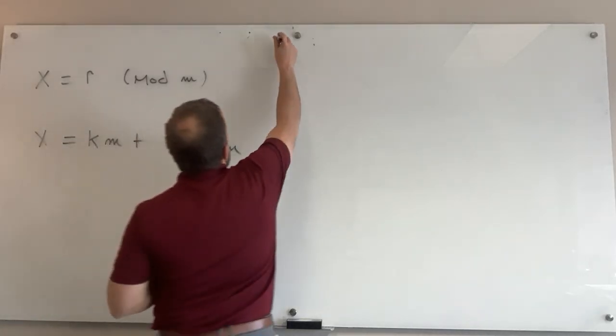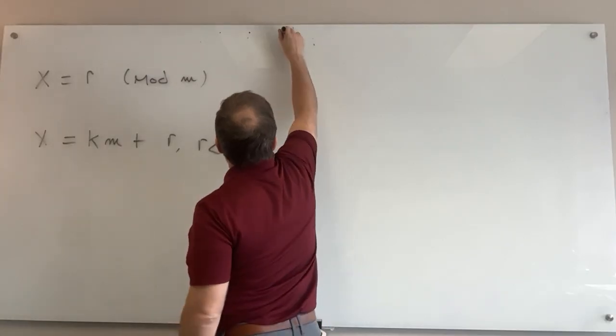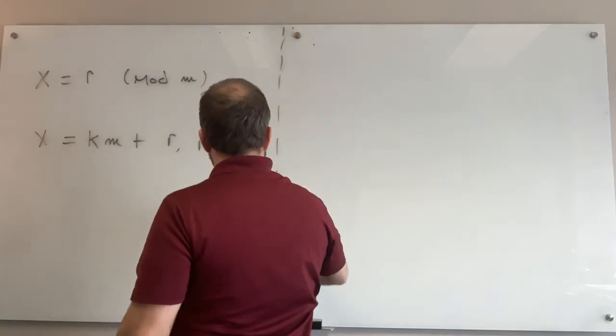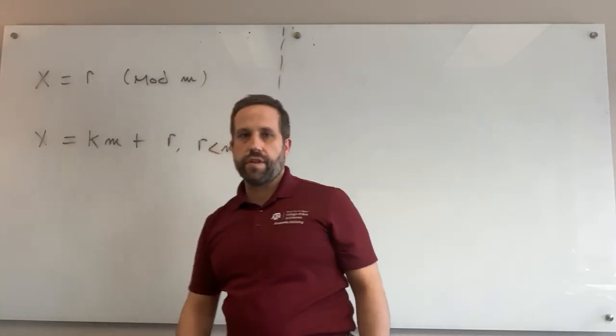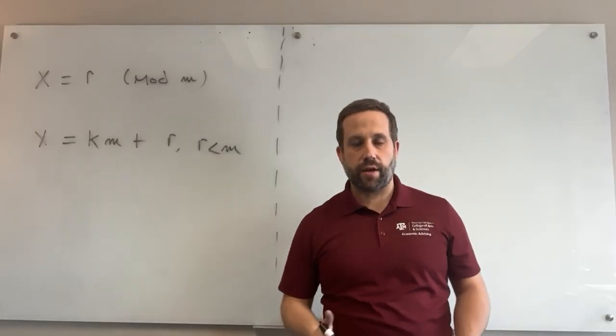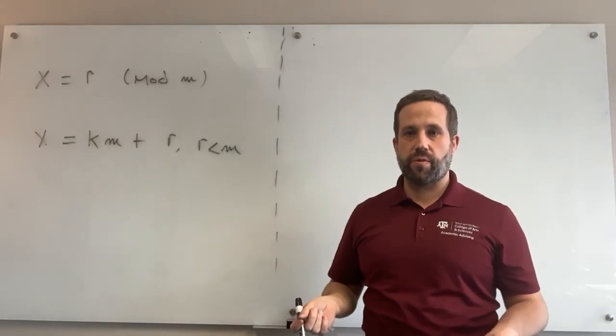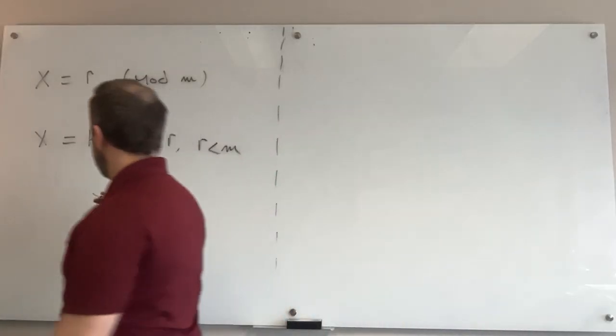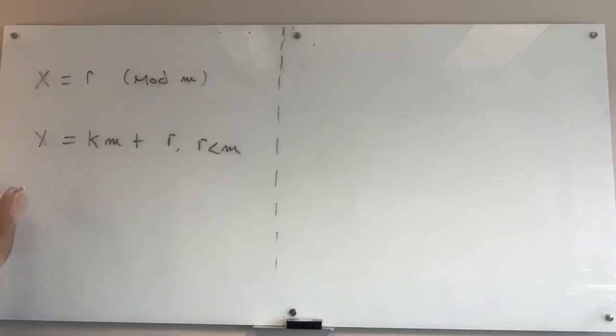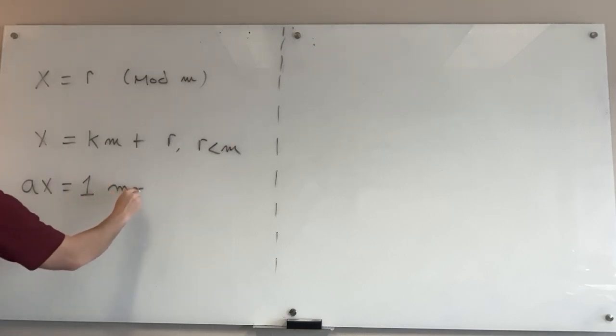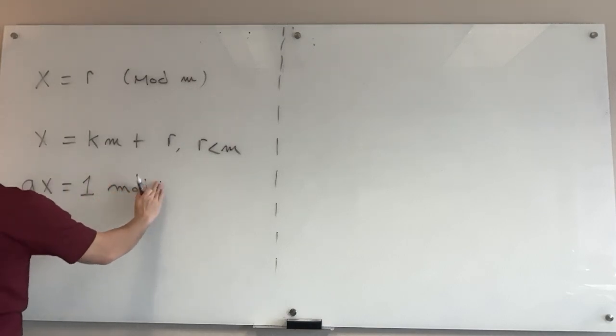Okay, so like I said, eventually we're going to solve systems of linear congruences, but I haven't even given one linear congruence equation that we want to solve. So we're going to look at a congruence of the form a times x is equal to 1 mod m.